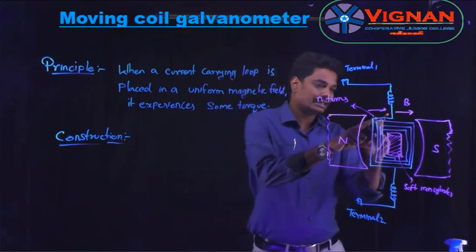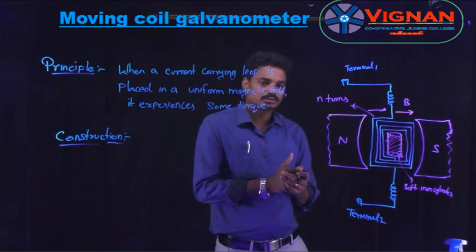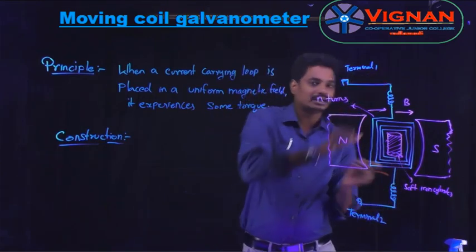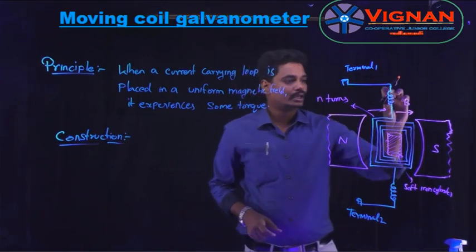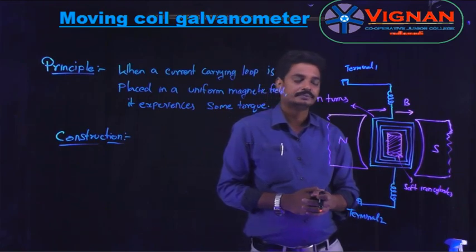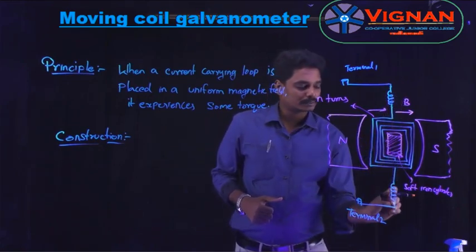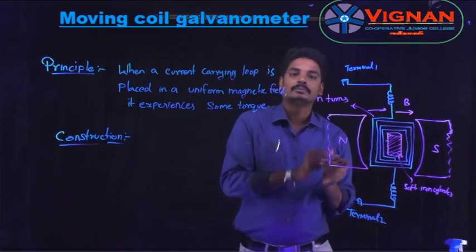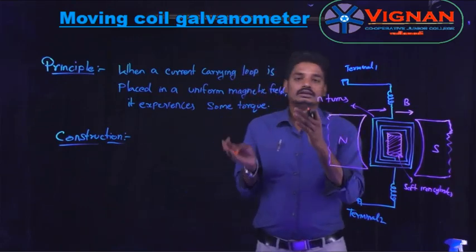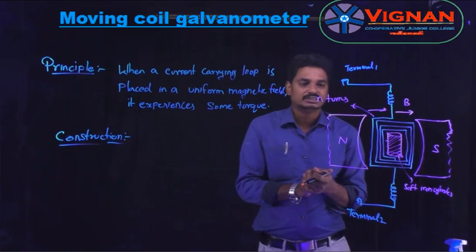Once again you can see the construction. Consider a rectangular loop which has n number of turns, and the two ends of the rectangular loop are pivoted at both ends and connected to a spring made up of phosphor bronze. These pivoted terminals are connected to the two terminals of the galvanometer, which we can connect to the terminals of the circuit for which the current has to be measured.